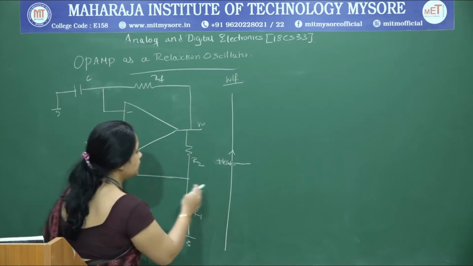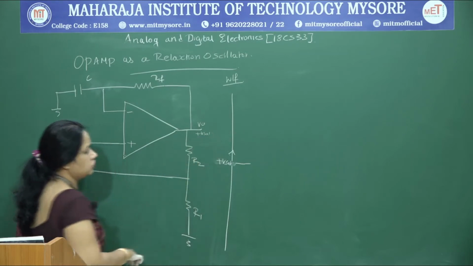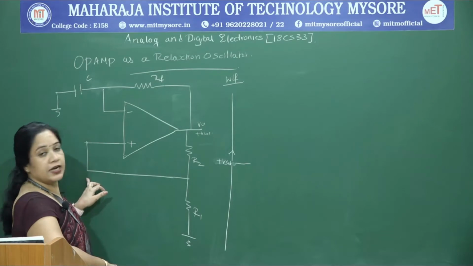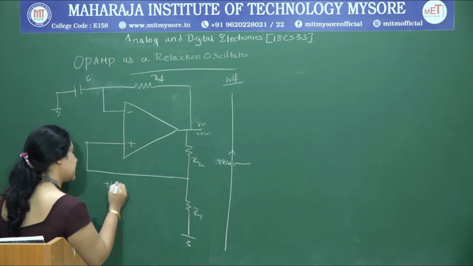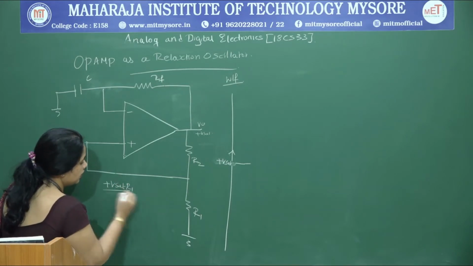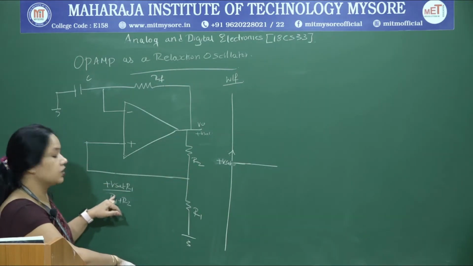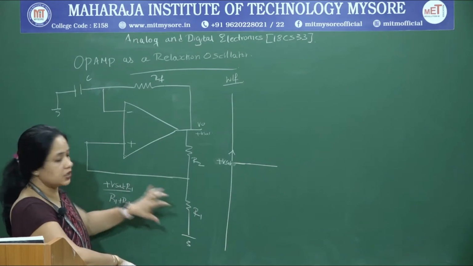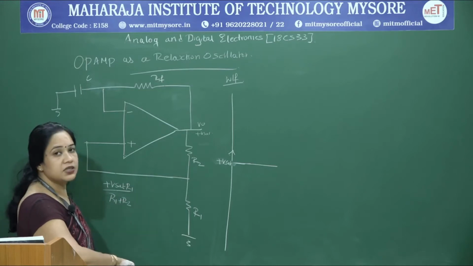When the output is at positive saturation, a portion of the output is connected back to the input. What portion is connected? It is the plus V sat voltage drop across R1, that is R1 divided by R1 plus R2. The voltage fed back is plus V sat into R1 divided by R1 plus R2.